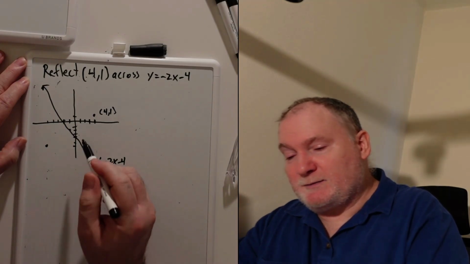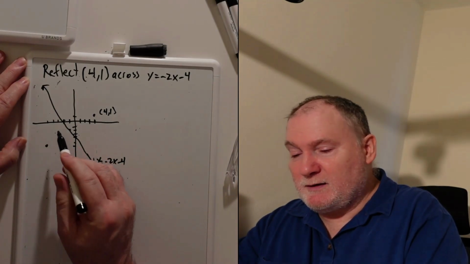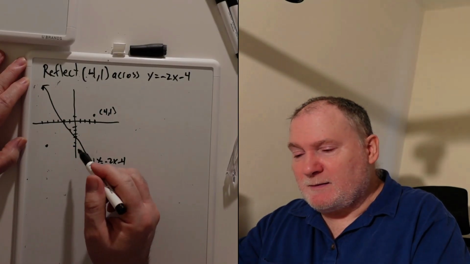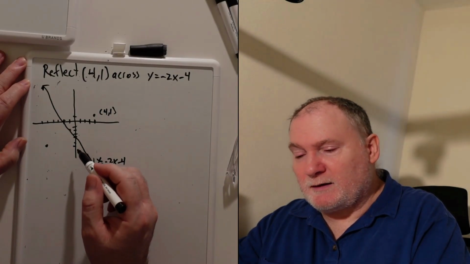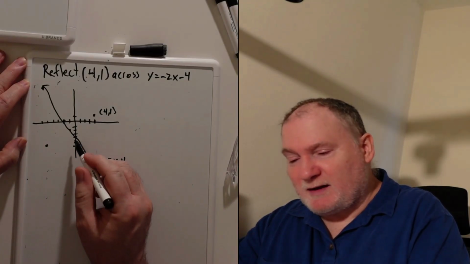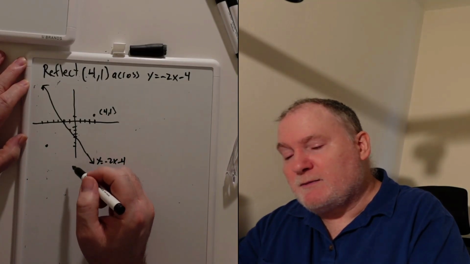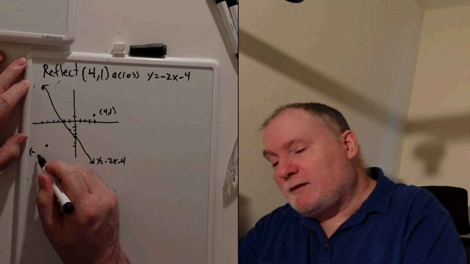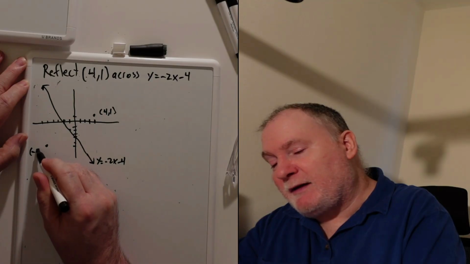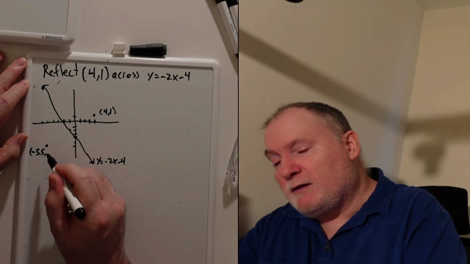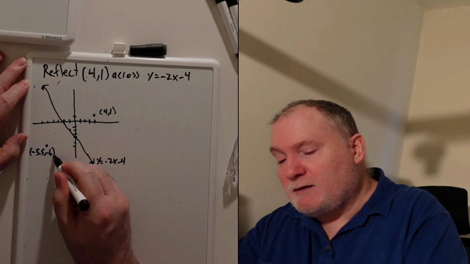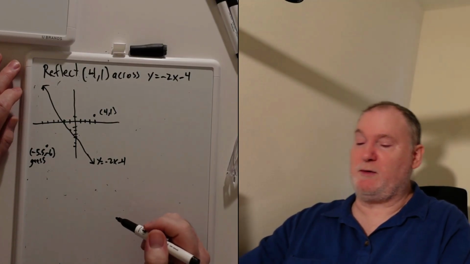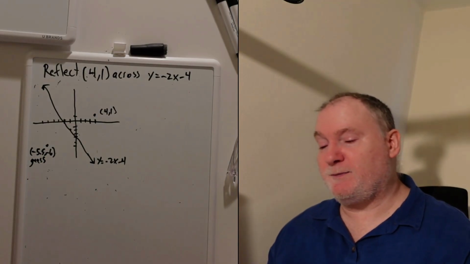It looks like it's about 5 or 6 over and maybe 5 or 6 down. So we'll say negative 5.5 and negative 6. This is a guess, just based on this really crude drawing.